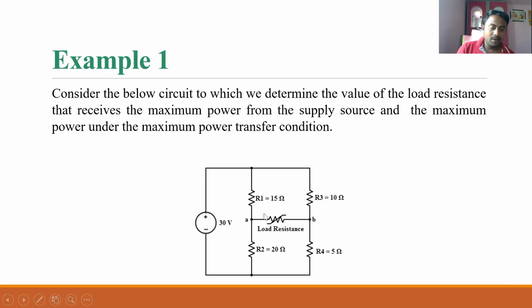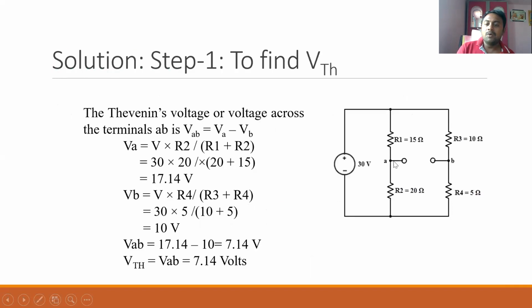That is, the total 30 volts is applied across R1 and R2 and across R3 and R4. So I am using the voltage division to find the voltage at A and the voltage at B. In the first case, I just want to find the voltage at A by applying the voltage division rule. The 30 volts is divided across R1 and R2. So I am tracing the path from A to B in this way.